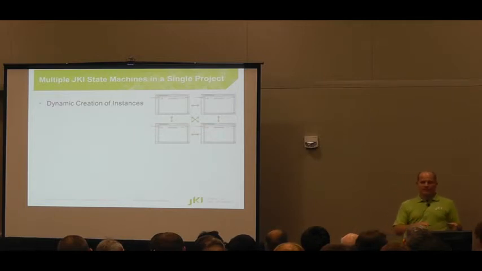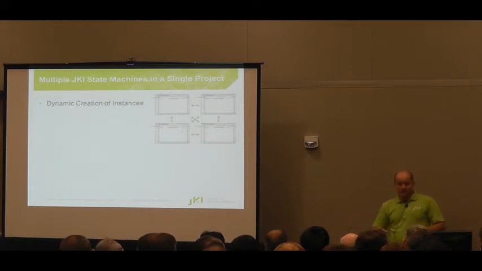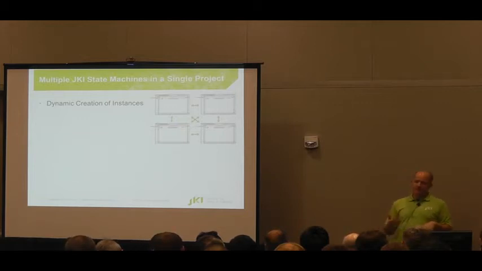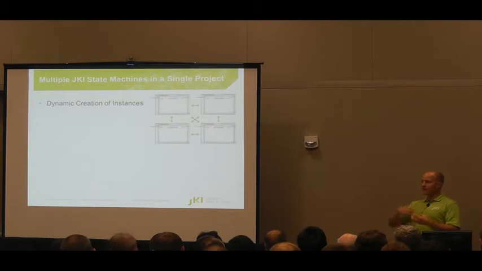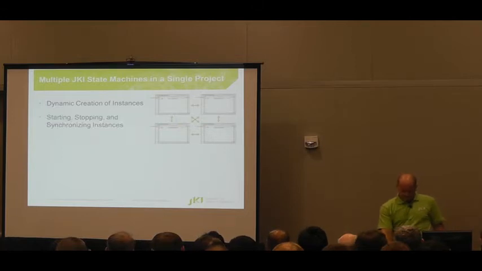One VI called stage A and another VI called stage B. Or if they're not even using VIs, they might literally just copy the whole JKI state machine into another part of one big VI. So dynamic creation of instances means we can have a VI called create stage, and that will somehow spin up a new instance of the state machine. I'll show you some examples of that in a minute.